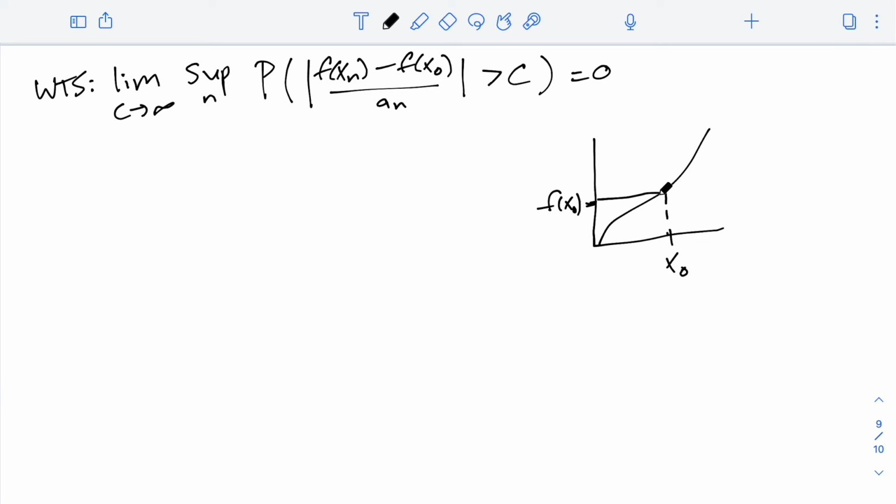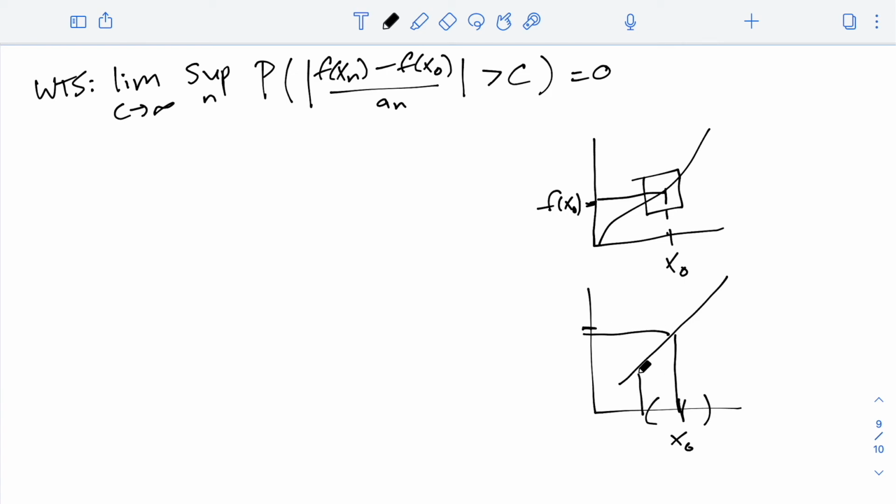The answer is, if we imagine zooming in on this region, what we see is that the function really looks like a line with slope equal to the derivative. And if we imagine that we are concentrating around x0 with high probability, then once we see where that maps to, f is going to concentrate around f(x0), and the difference between how we were concentrating down here and how we're concentrating up here is just going to depend on the slope of this line, or the derivative.